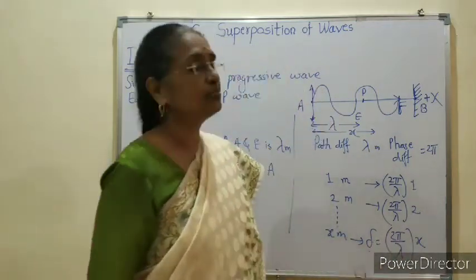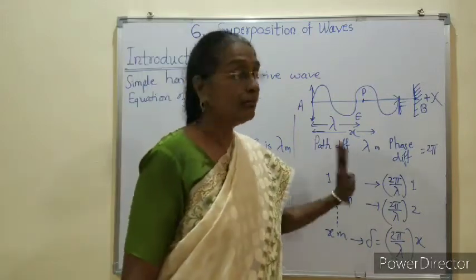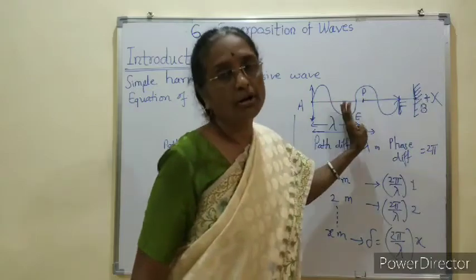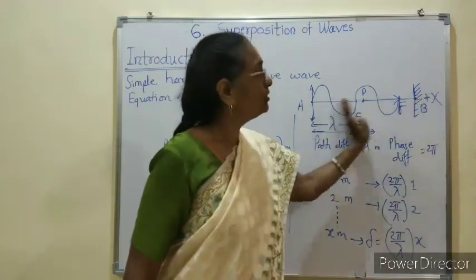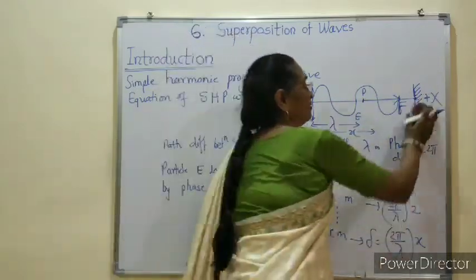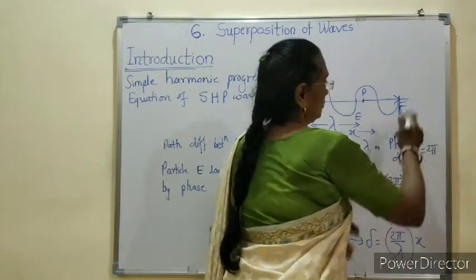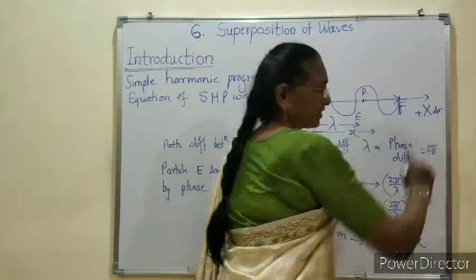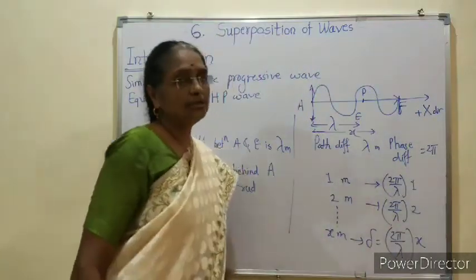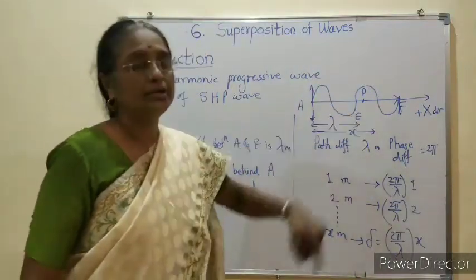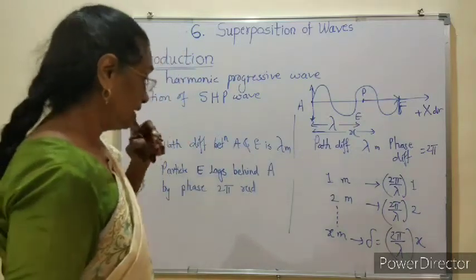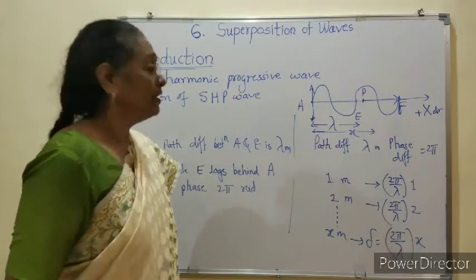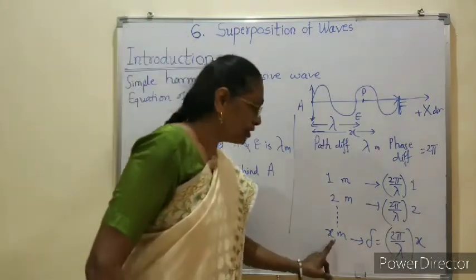This phase difference we have to consider when the wave propagates from point A to point B in the forward direction. Instead of showing the rigid support, now we show only the positive x direction. Then we can write such phase differences, but we have to use only this.